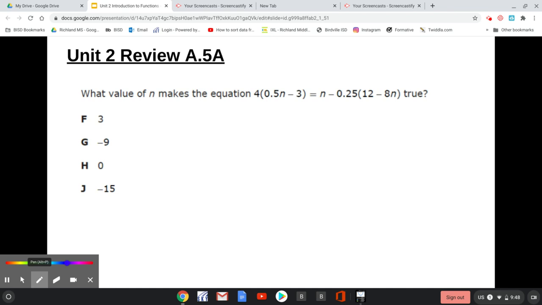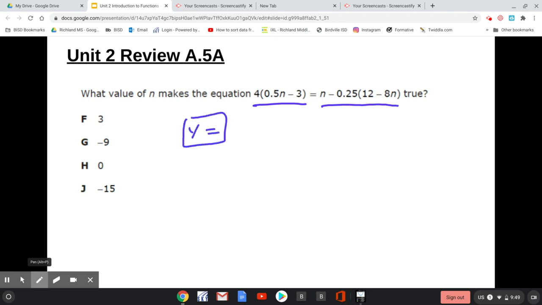What value of n makes this equation true? Well, we could solve for n and see which one works. I'm going to use the calculator because that would be the easiest way to do this, because we have this side equals this side. So I'm going to hit y equals and put in those numbers.